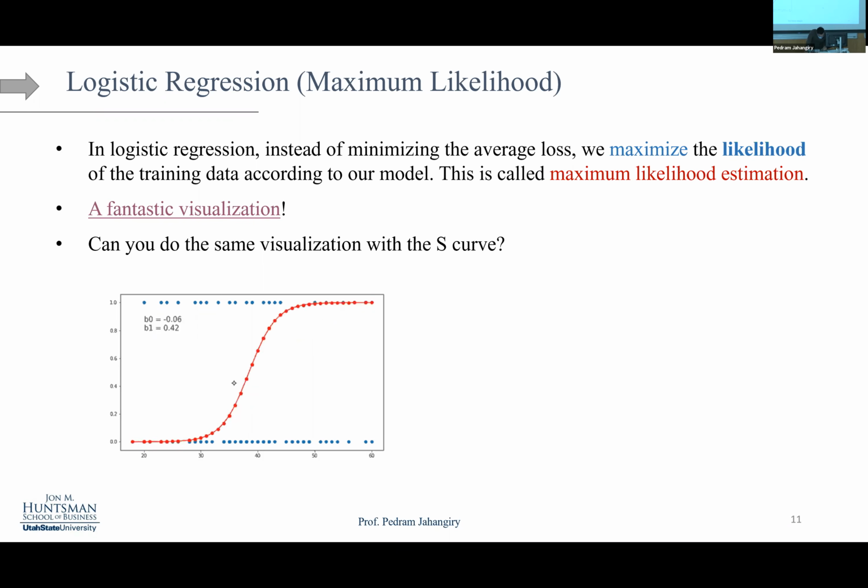Let's say this is observation A and this is observation B. I have a probability for either of them: the probability of A happening and the probability of B happening. If I ask you what is the joint probability of seeing A and B in the data, what's your answer?